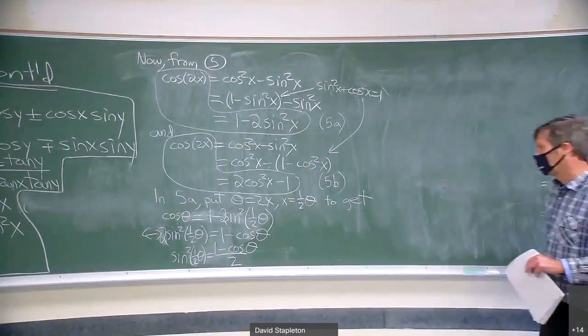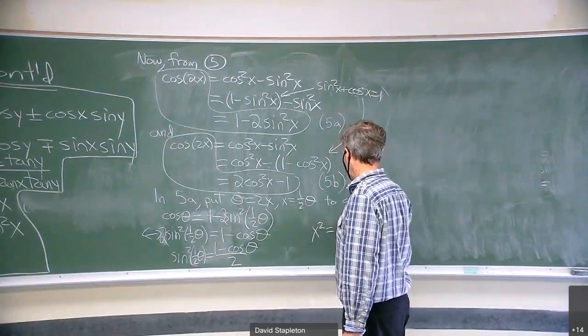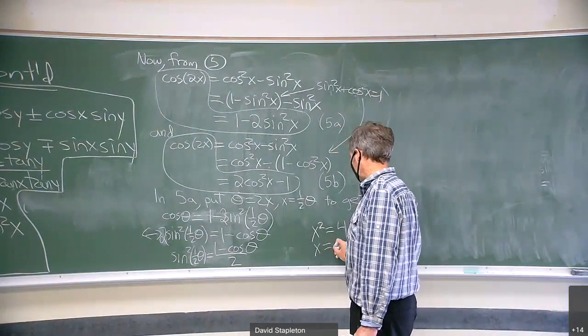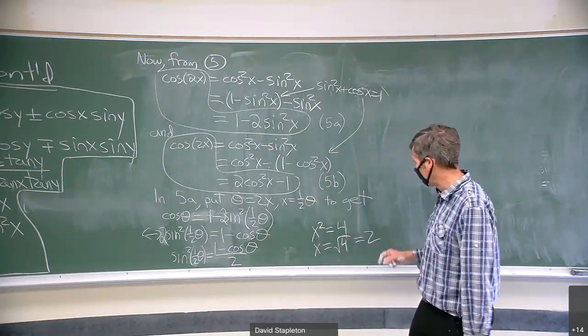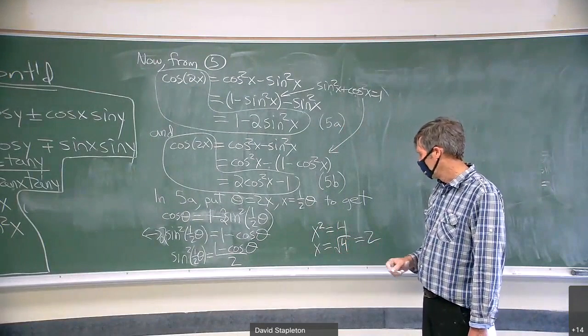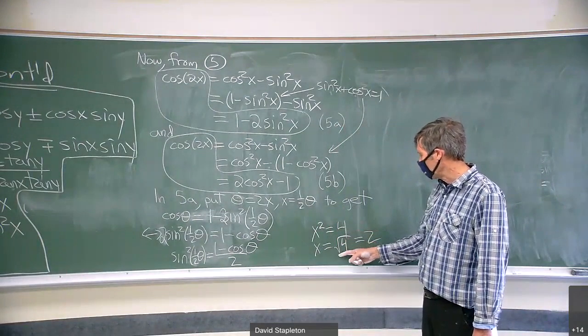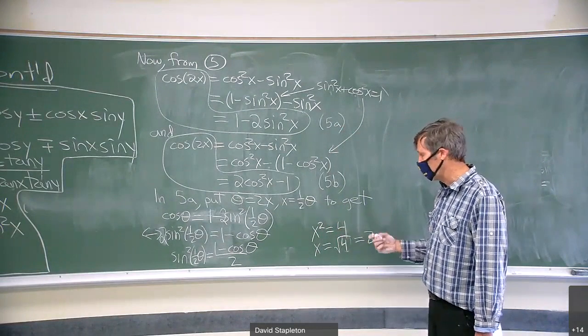If I gave you an equation, x squared equals 4, you wouldn't just say x equals the square root of 4, which is 2, would you? That's part of the answer, but there are two answers. There are two numbers whose square is 4. The radical sign means the non-negative number whose square is 4, but there's also a negative number whose square is 4.